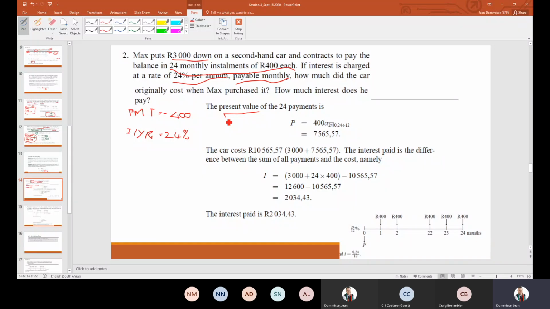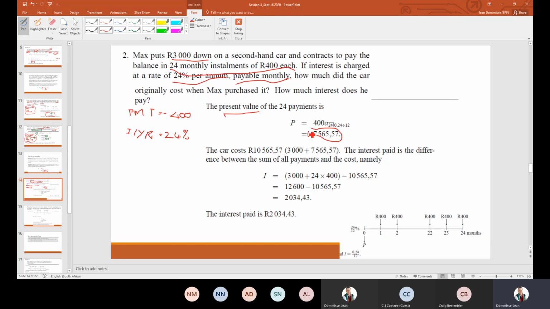So basically, by putting in minus 400 PMT, putting in 24% interest rate, 12 times a year for 2 years to give you the 24 monthly periods, we get a present value of 7565.5702. So round it off, it gives you that amount. So in the exam, that will be one of your options.